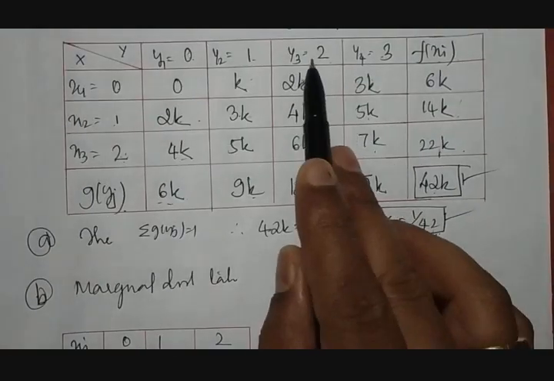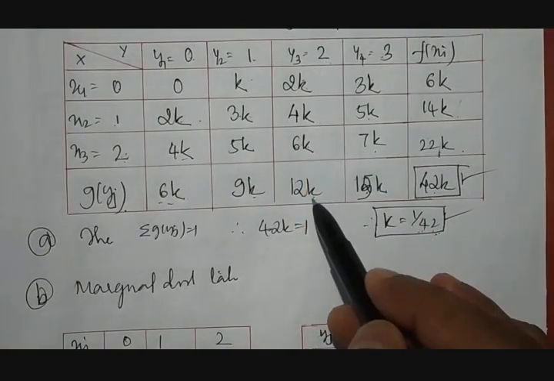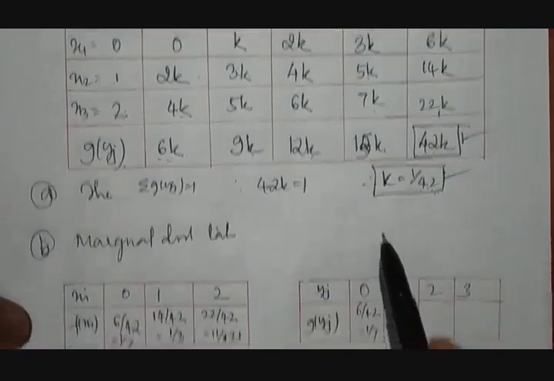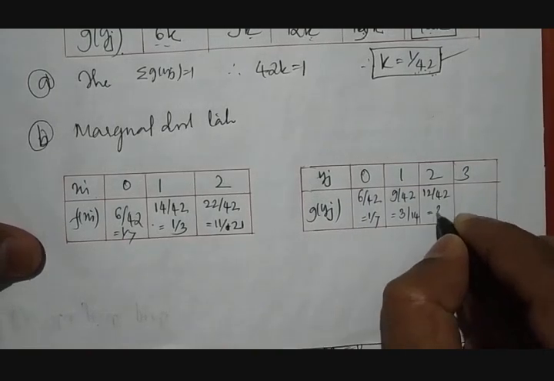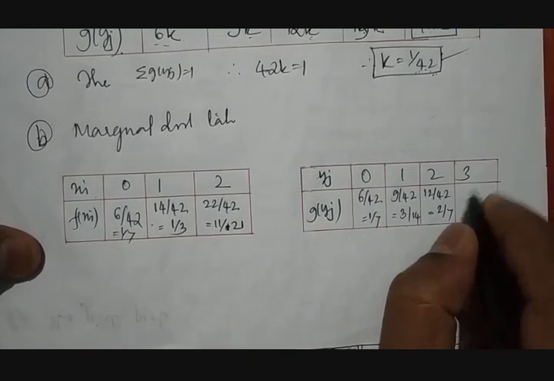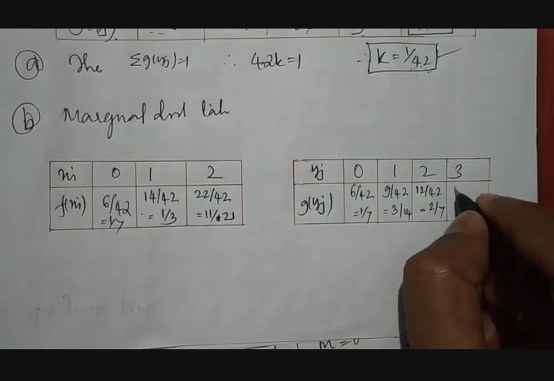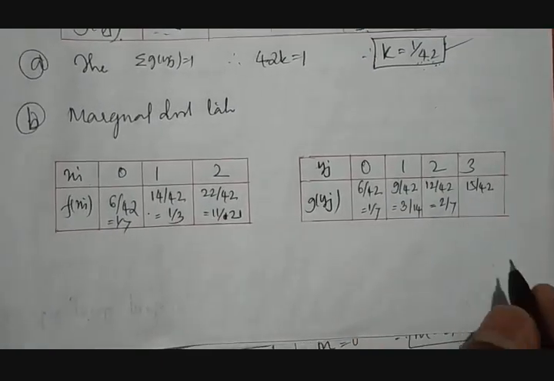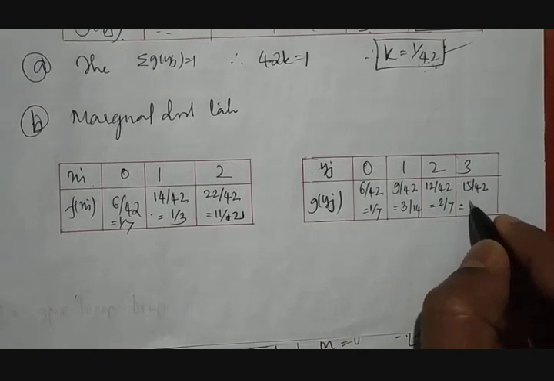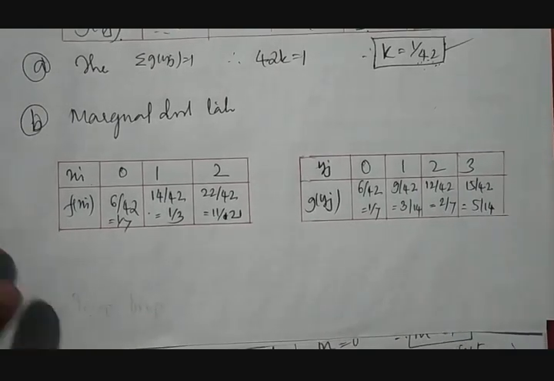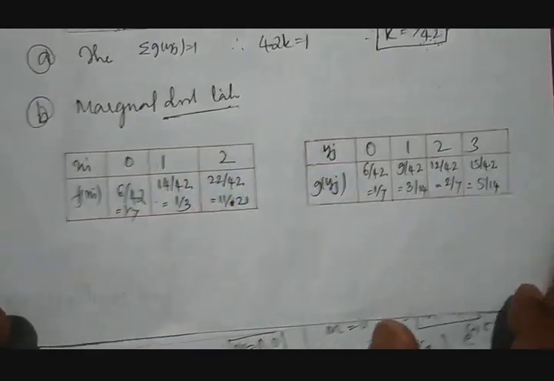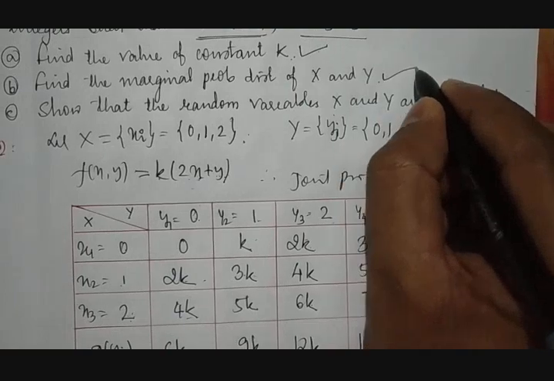Where y is 2, it is 12k, that means 12 divided by 42, which is equal to 2 divided by 7. Where y is 3, it is 15k, so it is 15 divided by 42, that is equal to 5 divided by 14. So these are called marginal distribution tables. So the second requirement is also fulfilled.